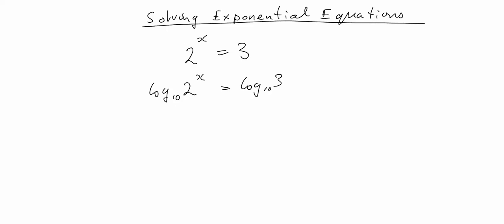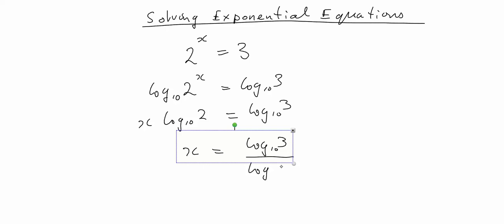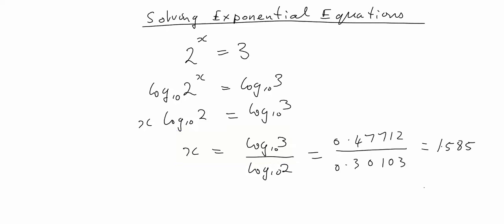And then using the index logarithm law, we can write x log 2 to base 10 is equal to log 3 to base 10, and dividing by log 2, x equals log of 3 to base 10 divided by log of 2 to base 10. And using the calculator, we can calculate that to be 1.585 to 3 decimal places.